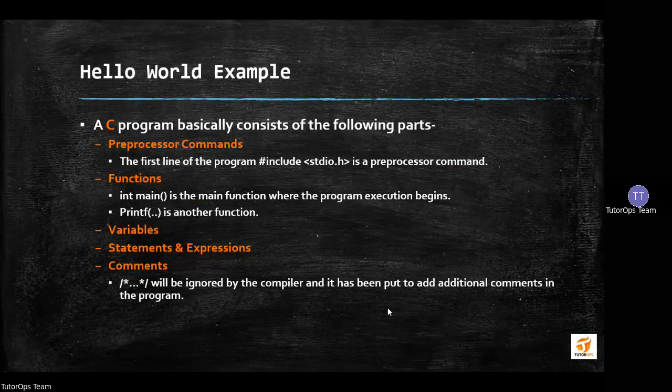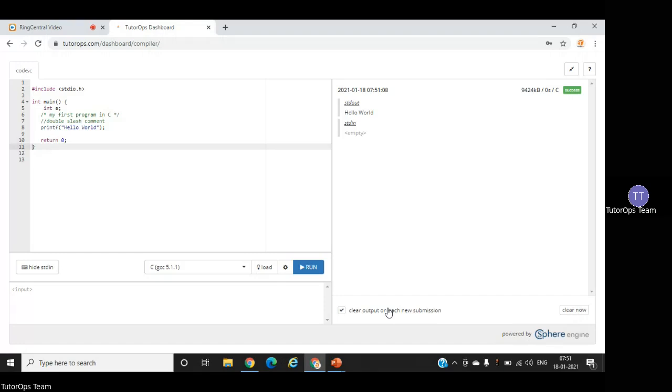A C program basically consists of the following parts: preprocessor commands. The first part is #include <stdio.h>. It tries to include the header files in your code. What do you mean by that?